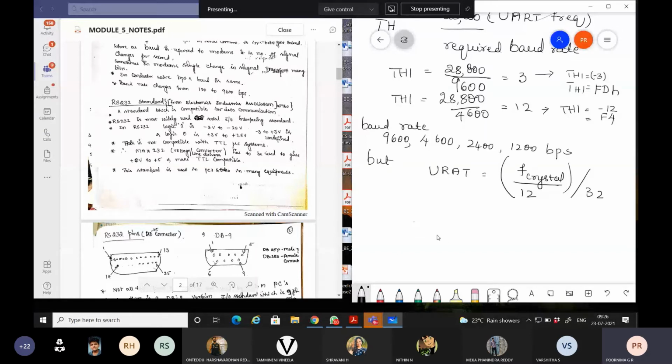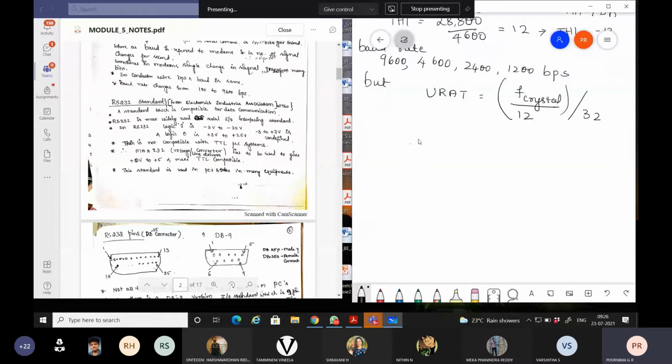Now, another important thing we should know before we go to serial communication is how the 8051 will transmit the data serially. For that, you have the serial data transfer pins.